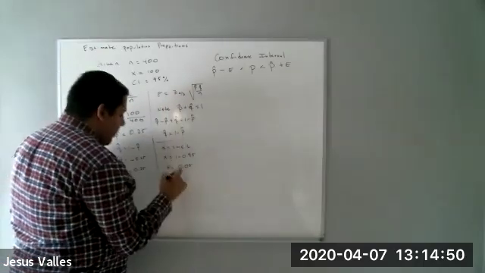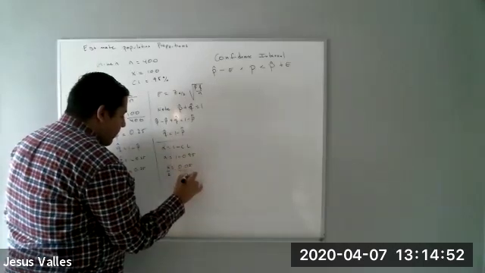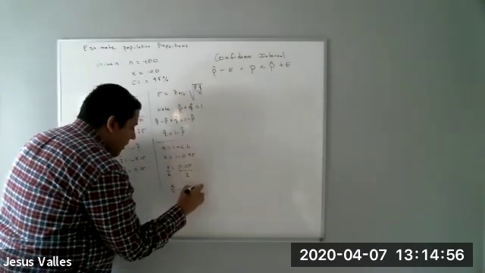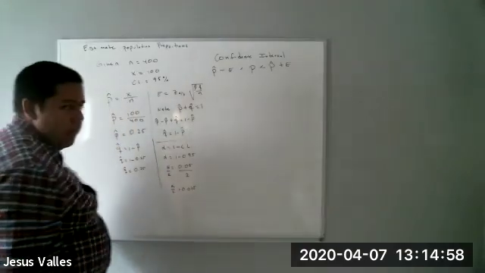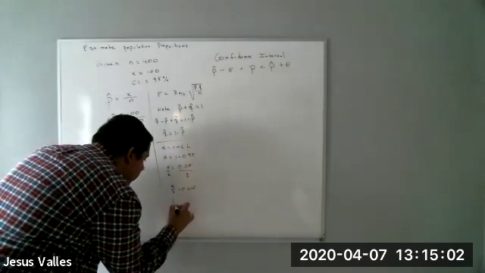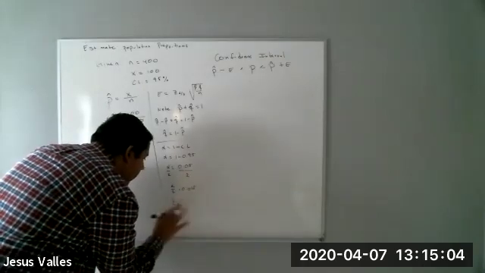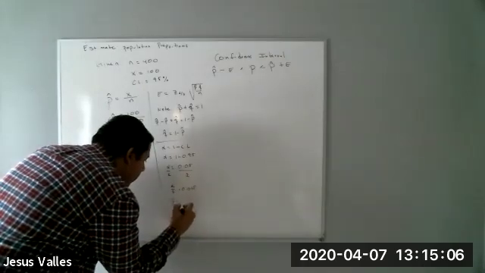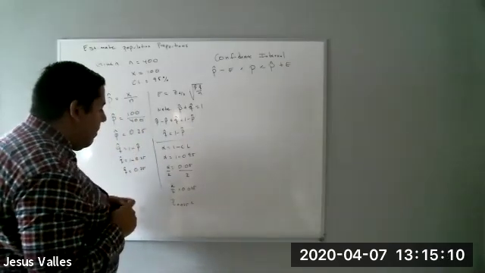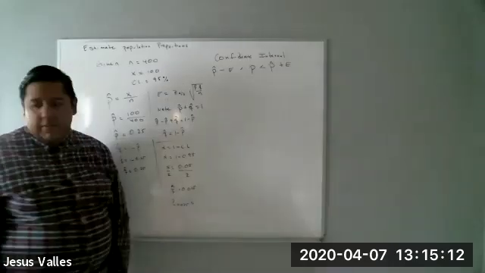Since we need this divided by 2, alpha divided by 2 is 0.025. And this is where we're going to use a z-table to find the corresponding z-score when the probability is 0.025.